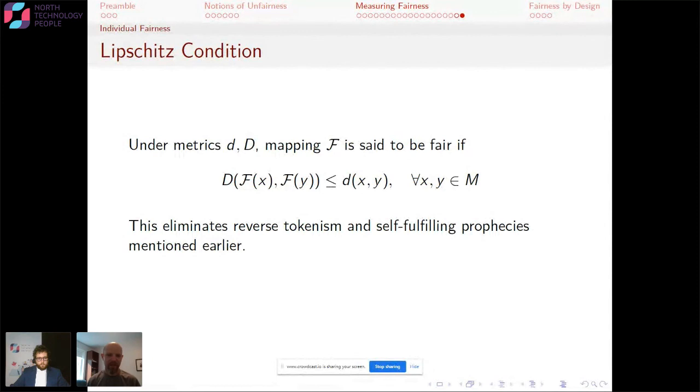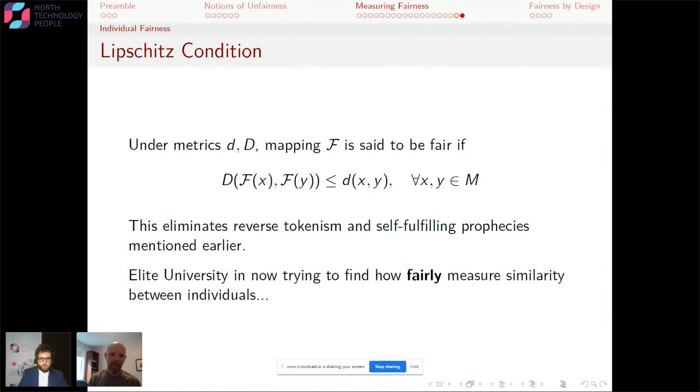The bonus is this eliminates problems of reverse tokenism or self-fulfilling prophecies because you're enforcing the similarity metric. However, notice that on its own, this is not sufficient to guarantee against anything like equality of odds or equality of opportunity, because if the two groups have very different properties, you can still meet the Lipschitz condition but violate group fairness.